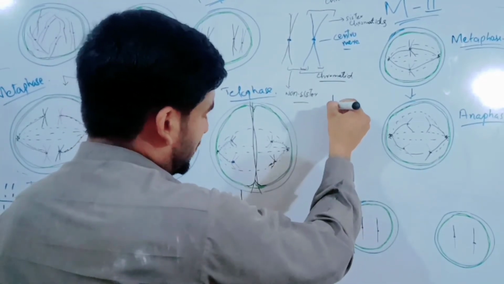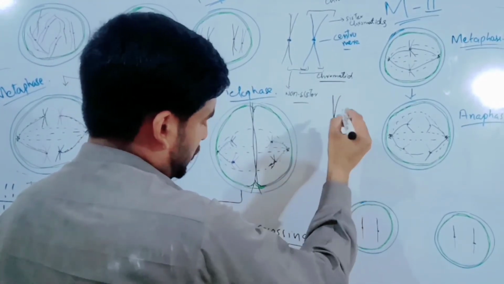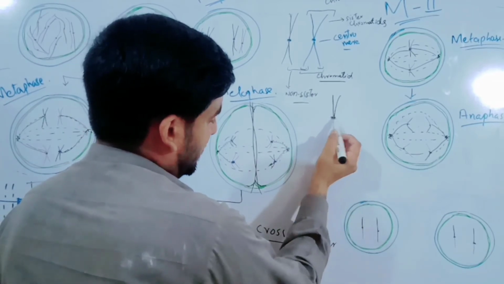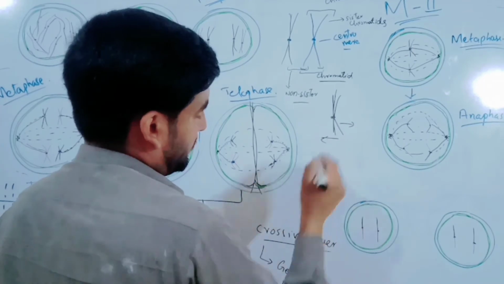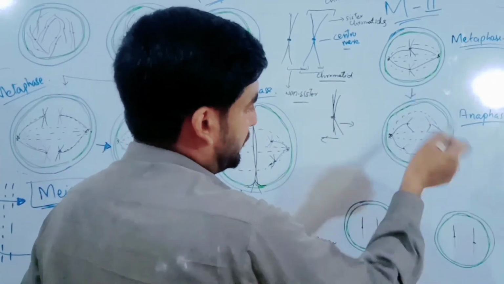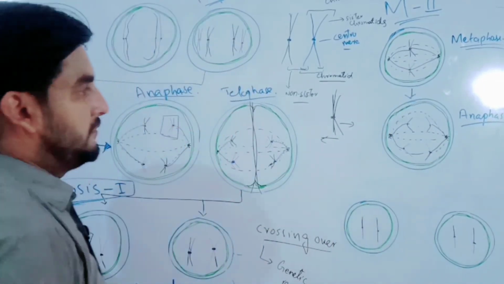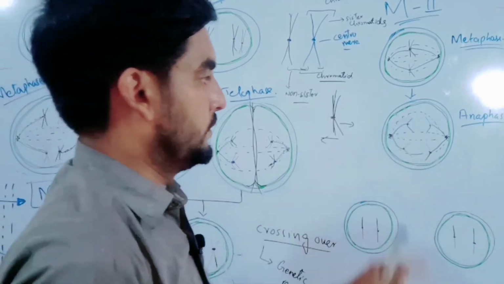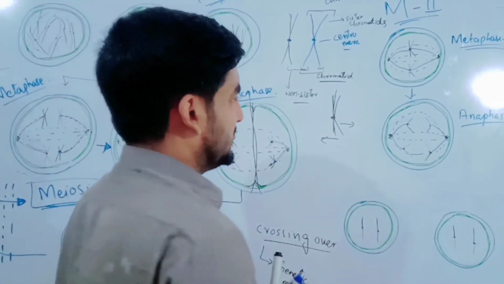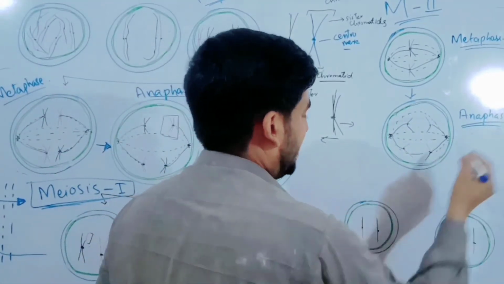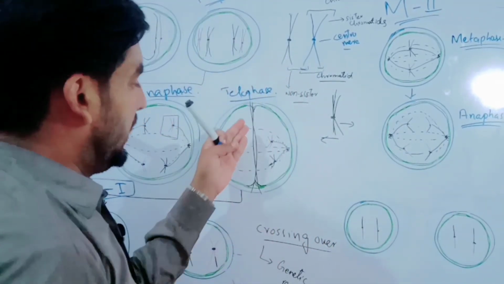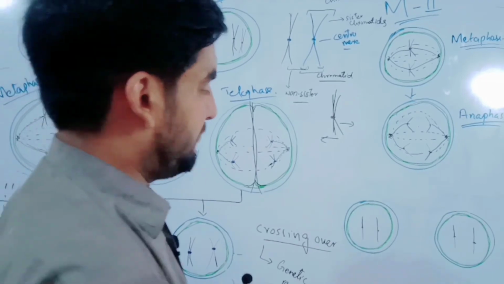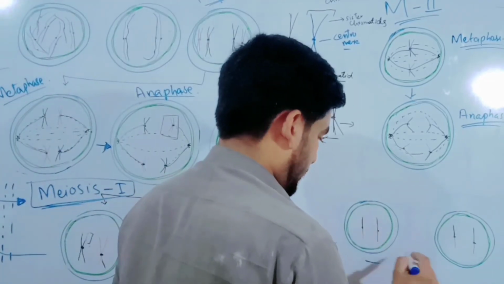So now the chromosome gives chromatids to separate. One chromatid moves towards one pole and the other towards the other pole. So this is anaphase, and then telophase occurs, the separation of the cytoplasm and the nucleoplasm, and finally two daughter cells are formed.